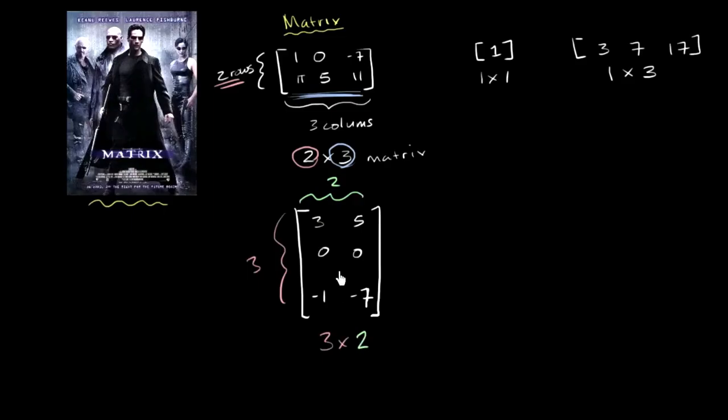So fair enough. You know that a matrix is just a rectangular array of numbers. You can say what its dimensions are. You know that each of these numbers that take one of these positions, we just call those entries. But what are matrices good for? I still might not be clear what the connection is between this and this right over here. And at the most fundamental level, these are just ways, this is just a compact representation of a bunch of numbers. It's a way of representing information.